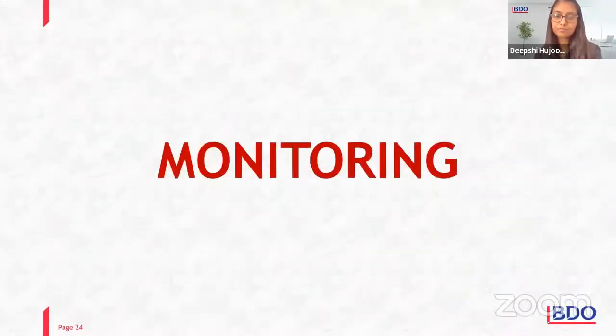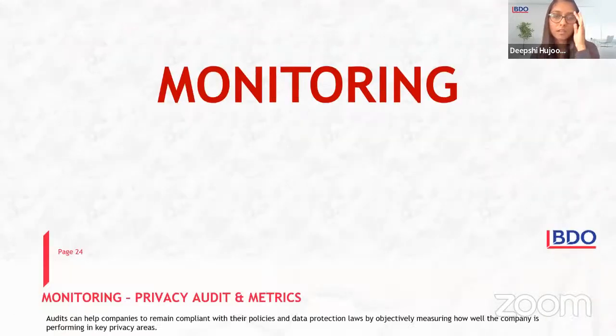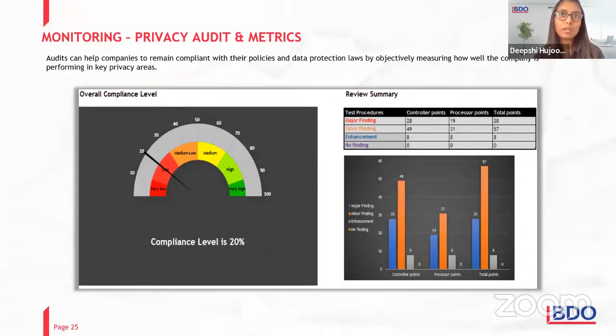Good. Now that we are done with drafting and implementing all the various sorts of documents, we can now move on to the next phase, which is a bit about monitoring. There are different ways of monitoring your privacy framework, and one of them is privacy audits.